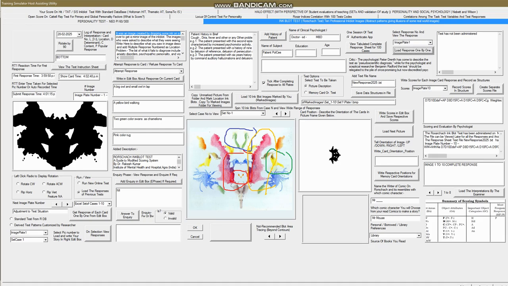Here we can see the responses from one pre-recorded set. These are the marked images, and these are the responses with inquiries.